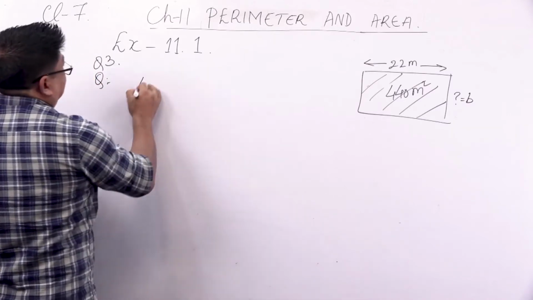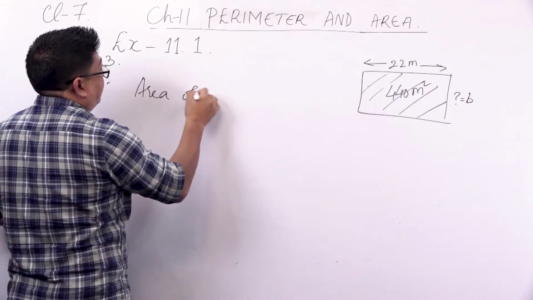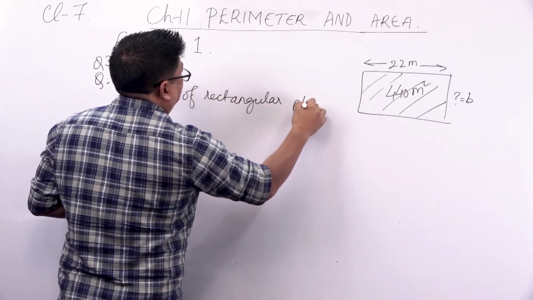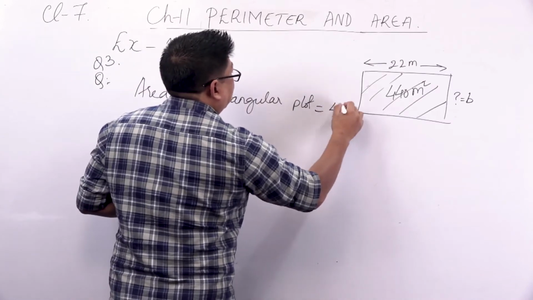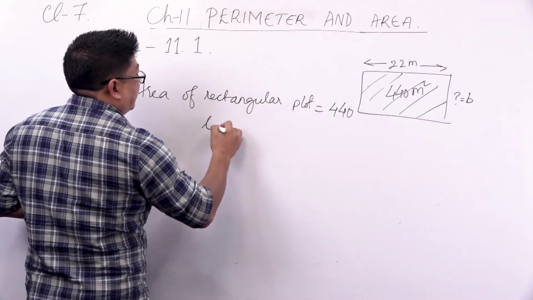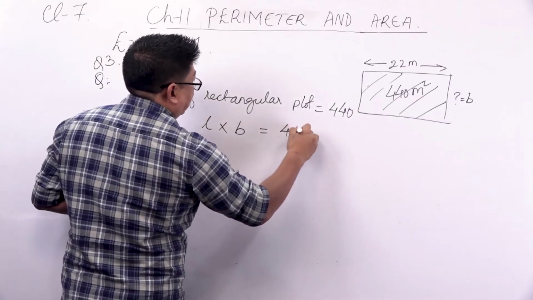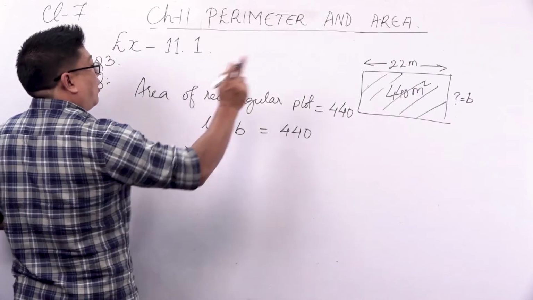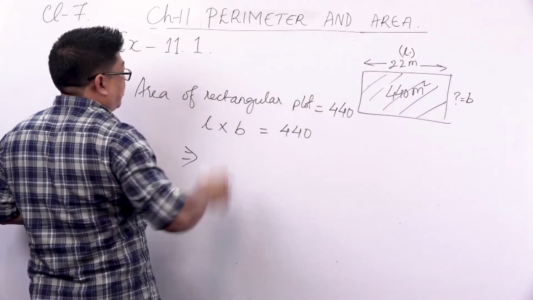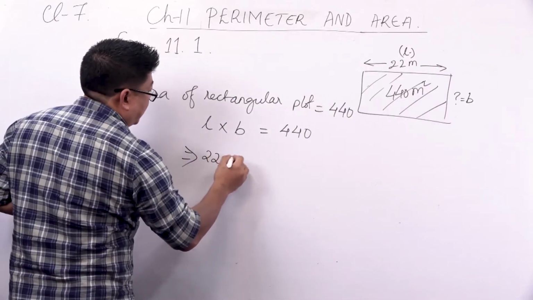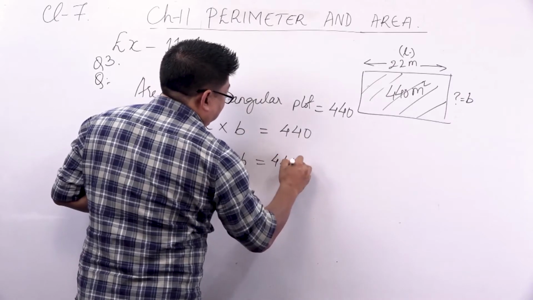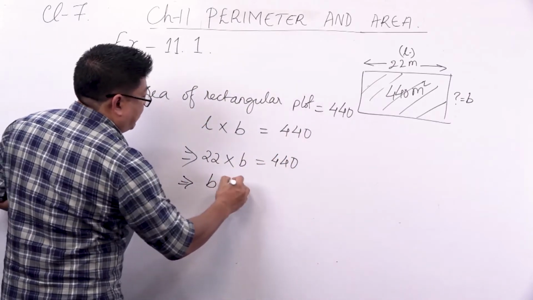In the question, the area of the rectangular plot is already given as 440 meters square, right? We know the area of a rectangle is length into breadth. Here the length is already given, 22. So in place of L, I will write 22 into B. We do not know B, so we will keep it as it is.